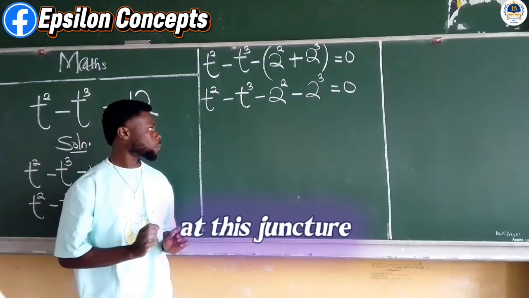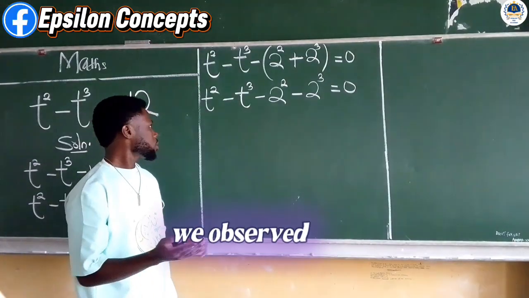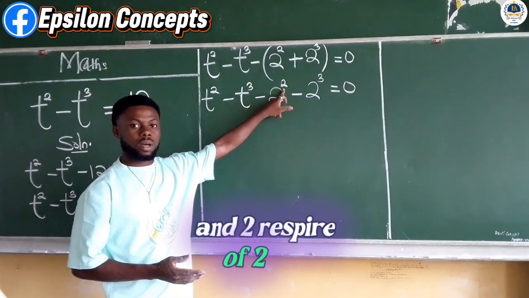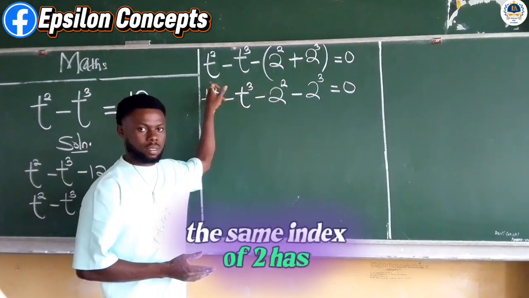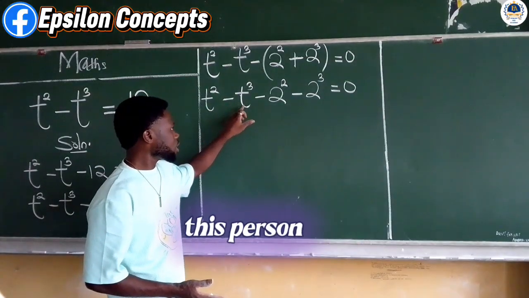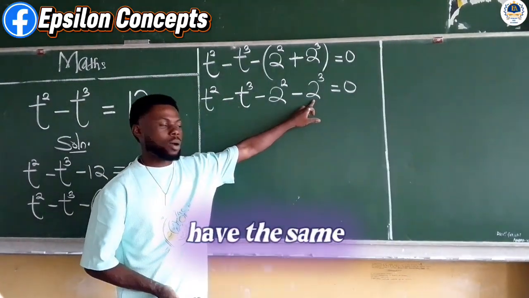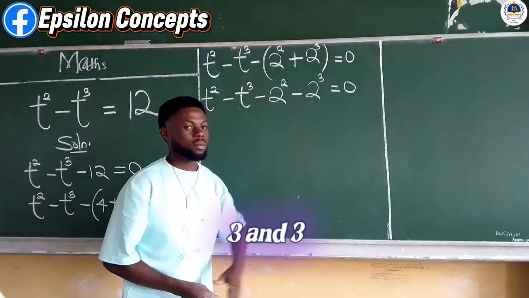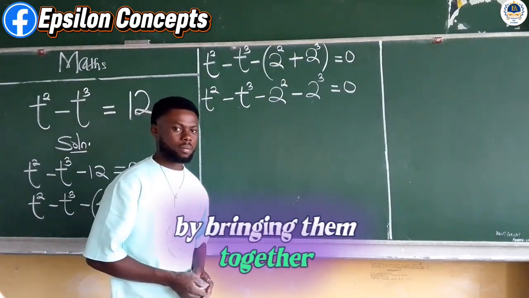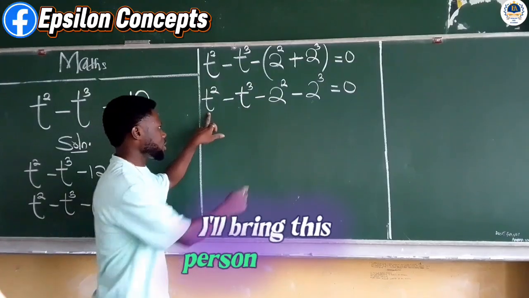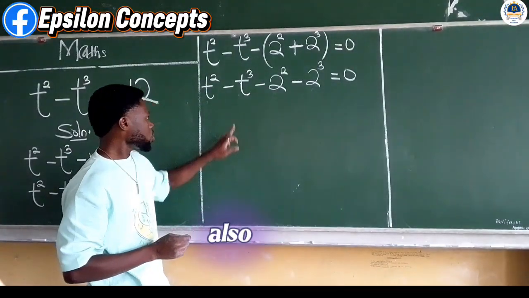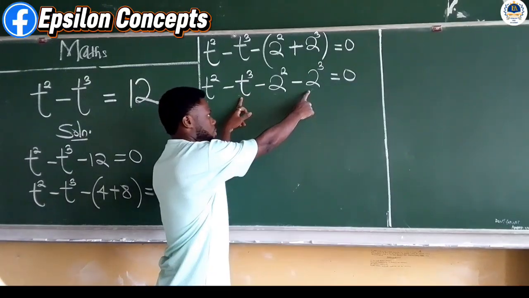At this juncture, we observe that t raised to the power of 2 and 2 raised to the power of 2 have the same index, 2. While t raised to the power of 3 and 2 raised to the power of 3 also have the same power, 3. So we are going to pair them by bringing them together in the same bracket.